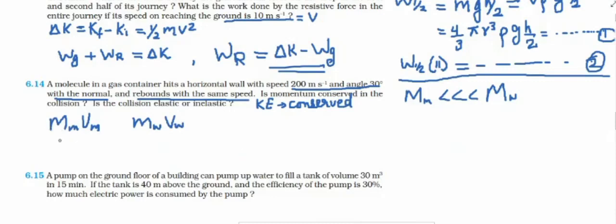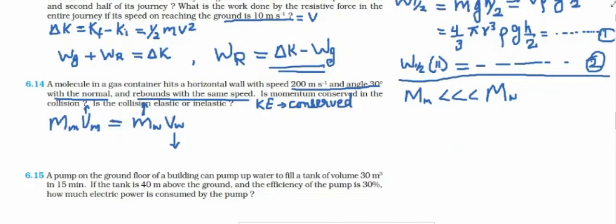The mass of the molecule is extremely small, so its velocity is observable. Now, the mass of the wall is extremely large compared to that of the molecule. Therefore, in this product, the velocity will be very small. Therefore, we can say that when the molecule hits the wall, the wall moves. Momentum is conserved.